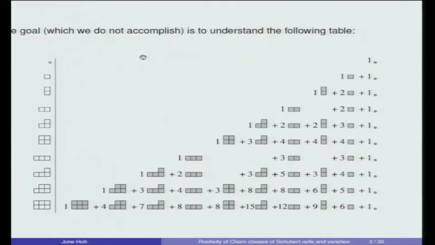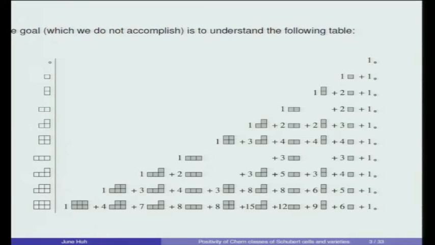Our final goal, which we hope to accomplish but do not accomplish yet, is to understand the following table. In the column of this table, you see a so-called Young diagram, this collection of boxes. I have drawn it upside down, as it's usually drawn, to emphasize that I'm thinking of homology rather than cohomology.